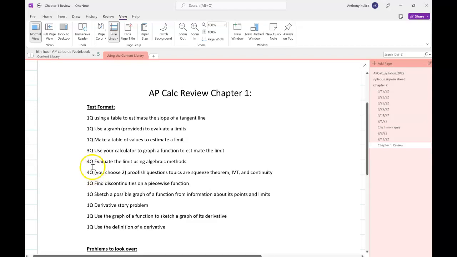4 proofish questions. You only have to do 2 of them. You can choose to do whichever 2 you'd like. The topics will be on like squeeze theorem, intermediate value theorem, and continuity.